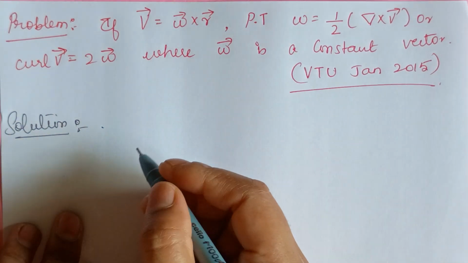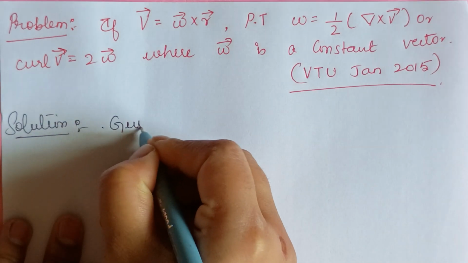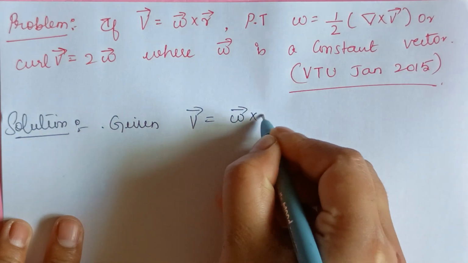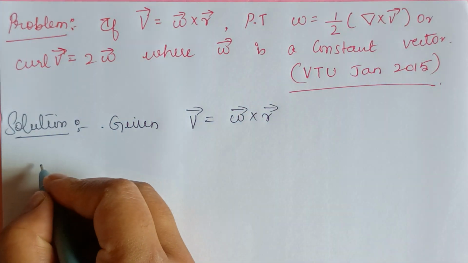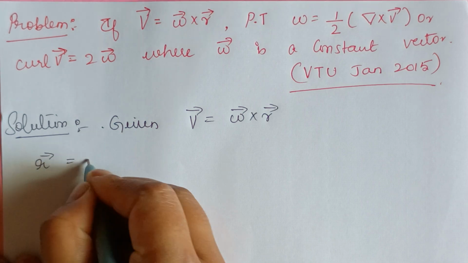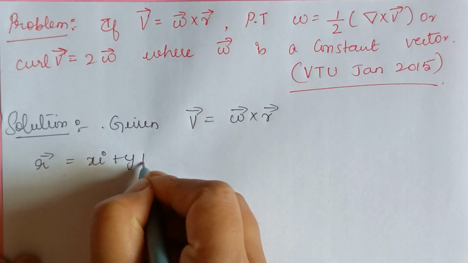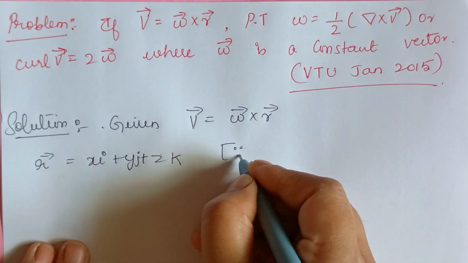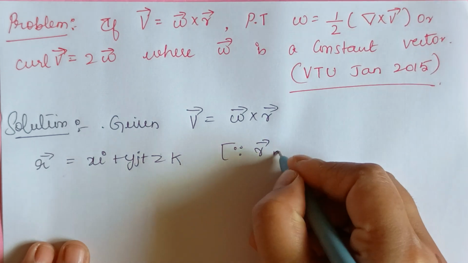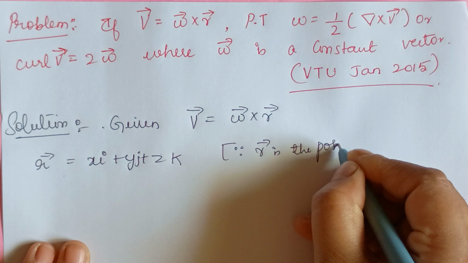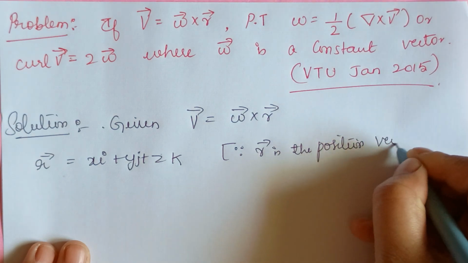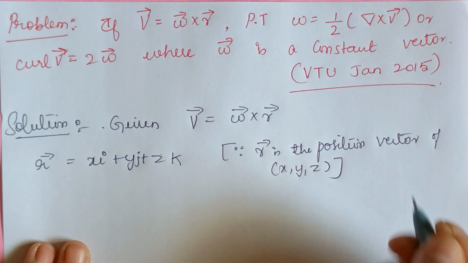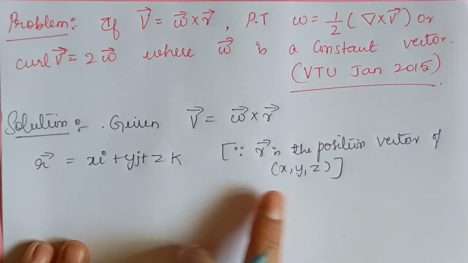Okay, let's get started. This is given: vector v is equal to vector w cross vector r. Vector r I can write as xi plus yj plus zk, which is the position vector of x, y, z.